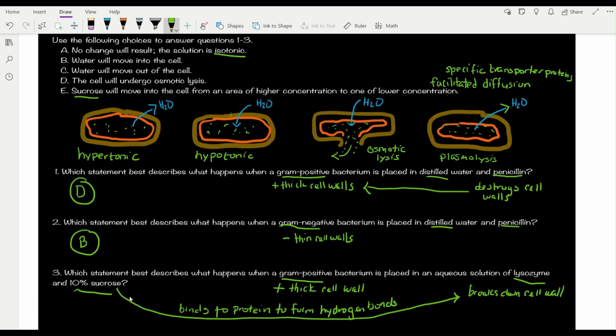So the sucrose in the solution kind of like distracts the lysozyme, so the lysozyme will not go and break down the cell wall of the gram-positive bacterium. So with that being said, what would be the answer? And if you chose A, that is correct.